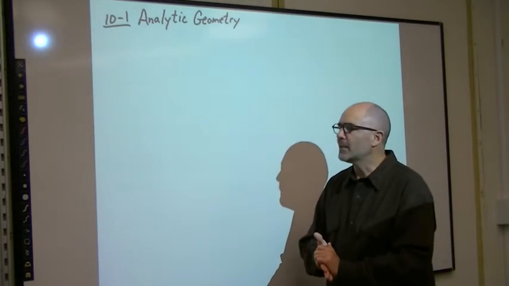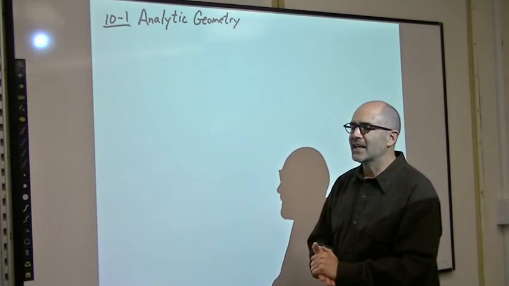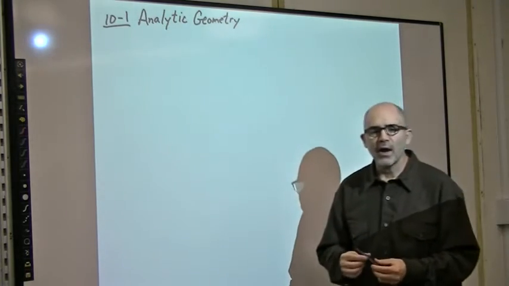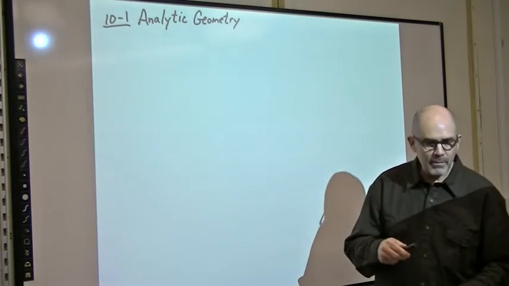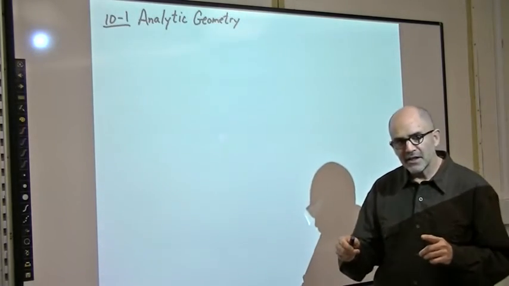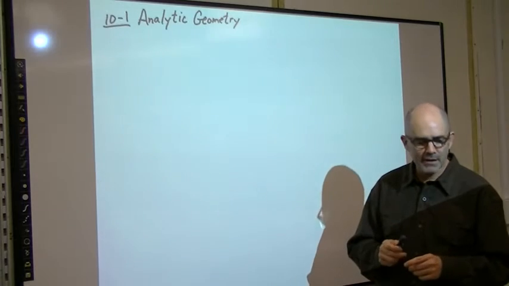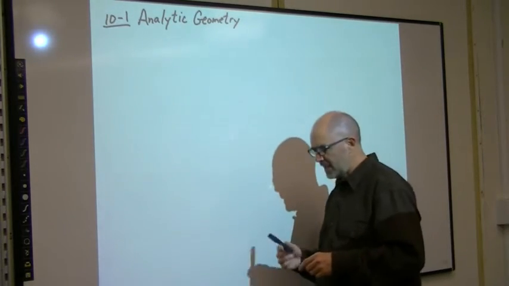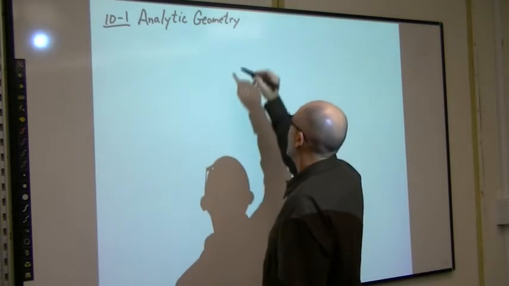So, let's get going. Analytic geometry is basically looking at graphs and determining distances and midpoints. So let's just take a couple of points on a graph.